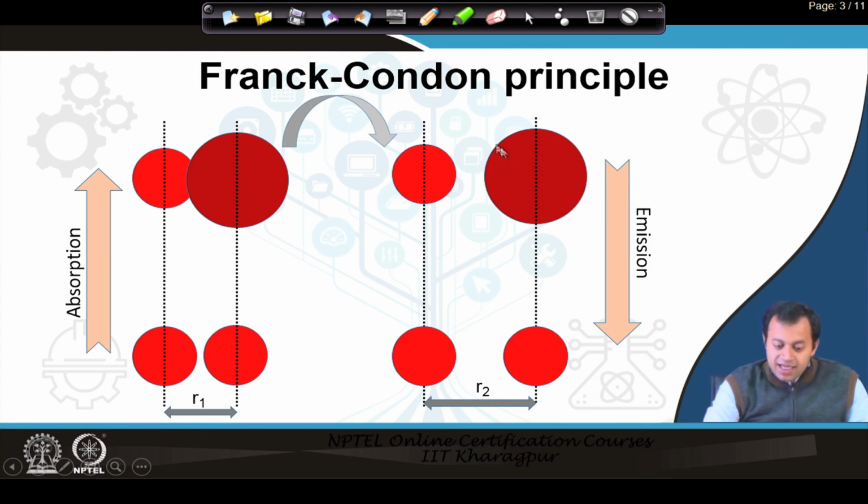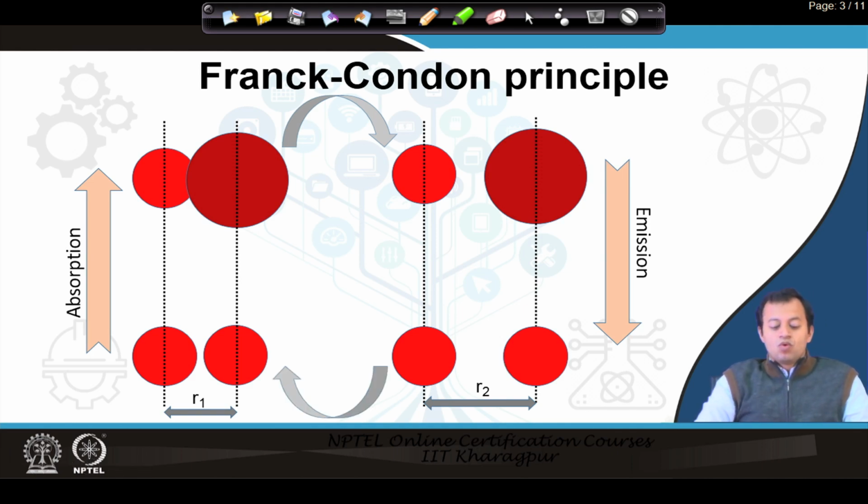Though the excited state has gone away, the separation distance between the diatomic molecule is different than it was in the original position. Obviously, after some time the restoring force will come into effect and it will revert back to its original position.